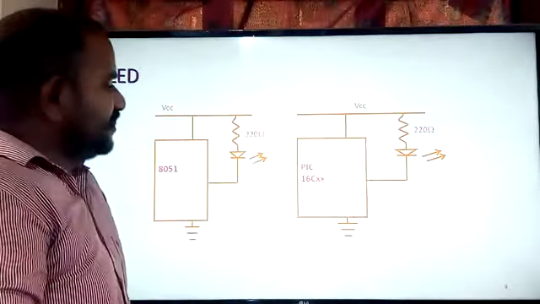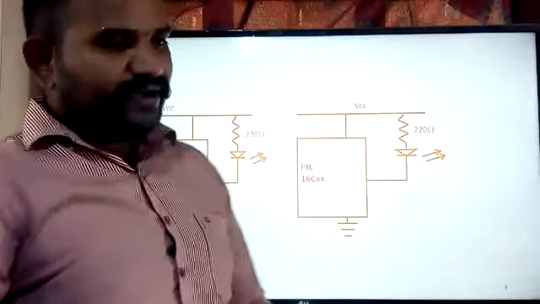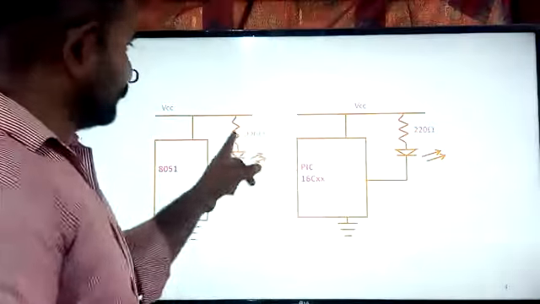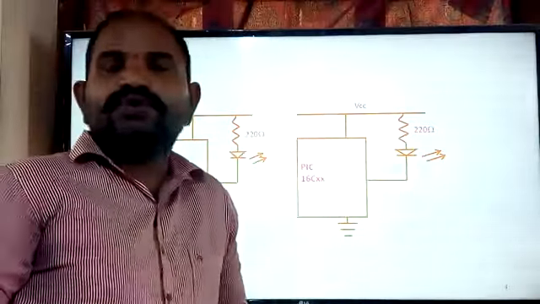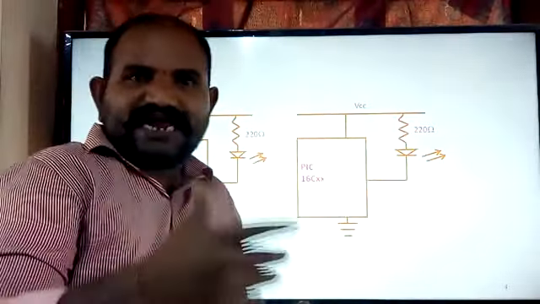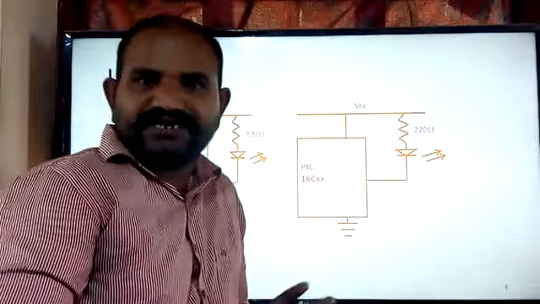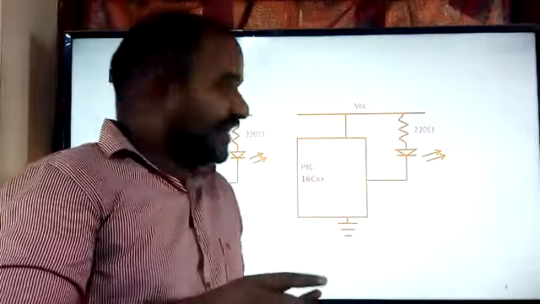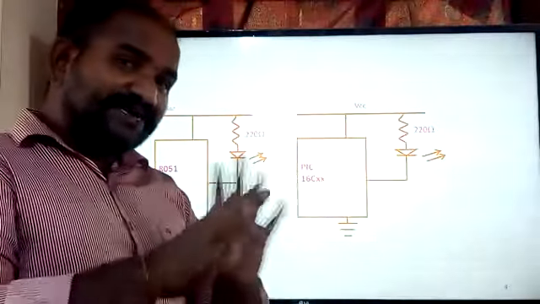But the rule is you can't interface the LEDs directly to the microcontroller without using resistors. You can interface directly as a hardware format. But the problem is when you interface directly, there is a power dissipation rule.